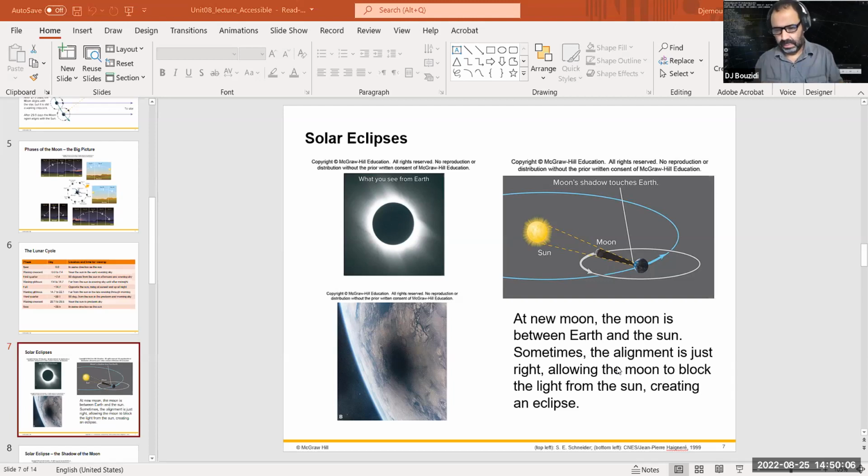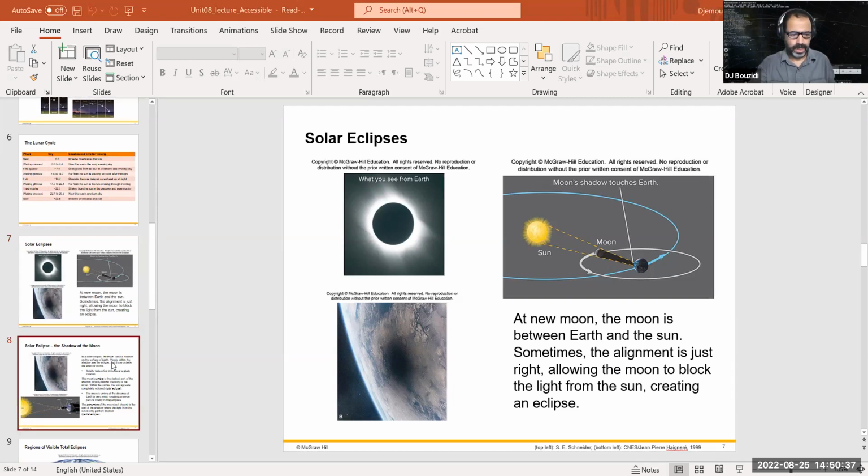Unless it is caught right within 1 degree above or below the ecliptic plane, we will not see a lunar or solar eclipse. That is the bottom line. If it's within a degree, either plus a degree or minus a degree, then we will see lunar or solar eclipses. That is in a nutshell what this whole thing is.